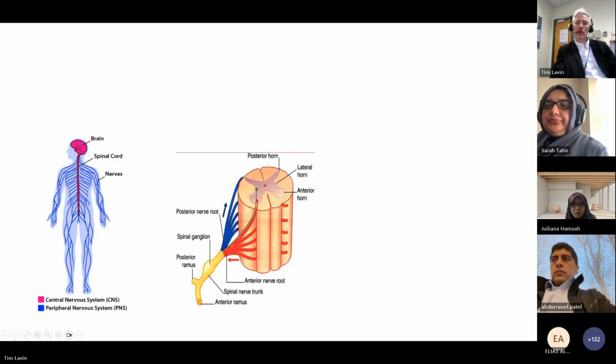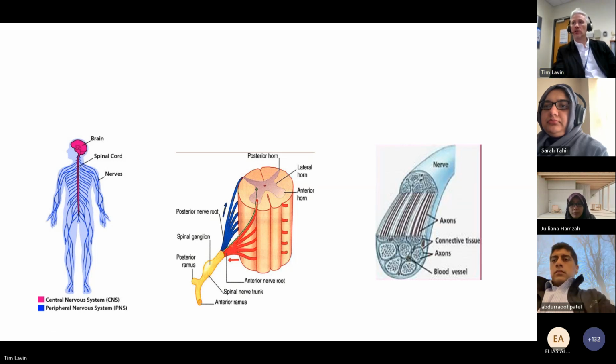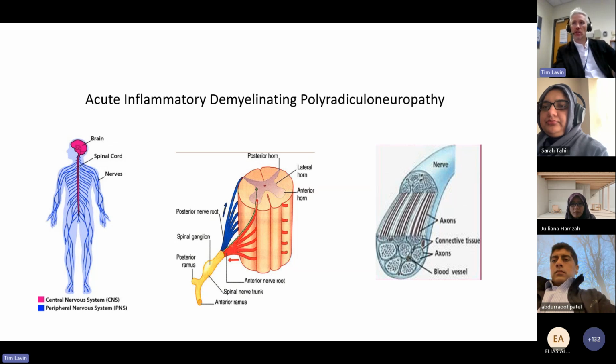So to summarize this story, what we've got here is an acute inflammatory demyelinating polyradicular neuropathy. We have an acute history coming on over a few days.